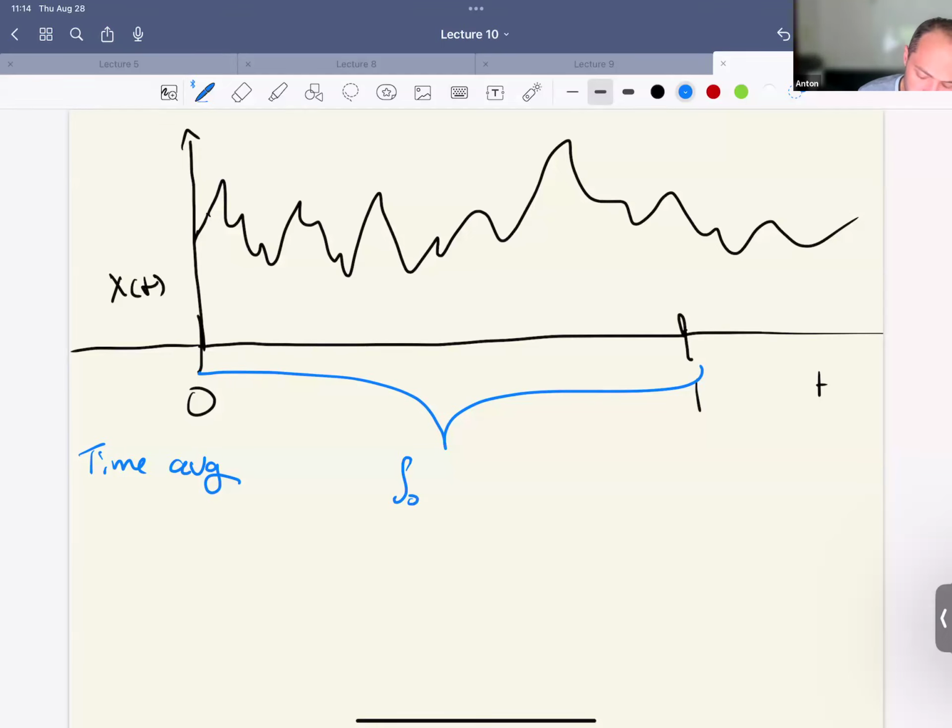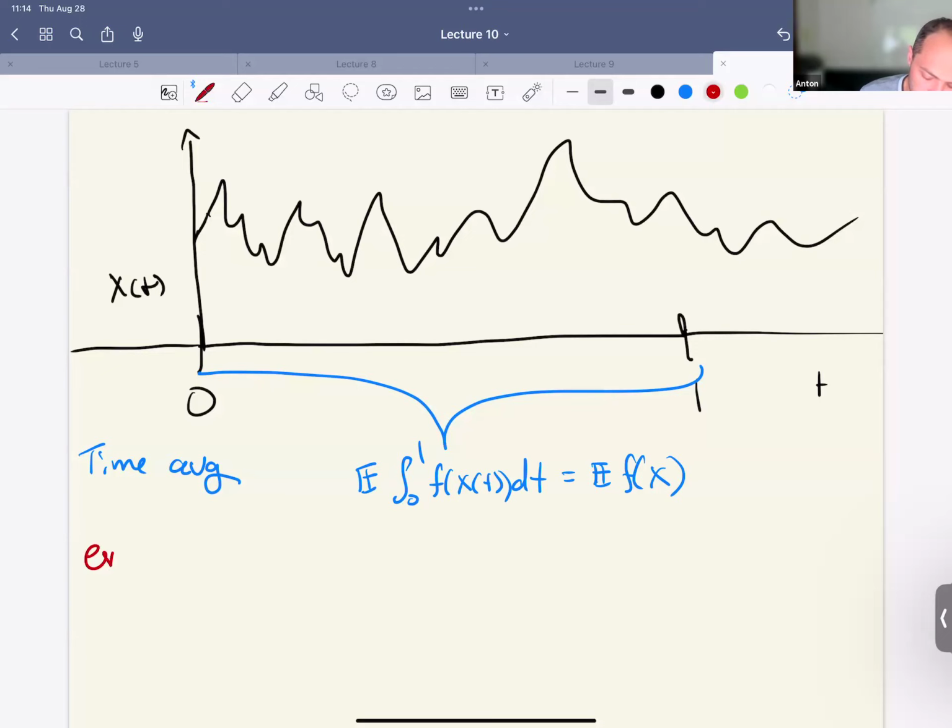So I'm going to have my expected value, integrate from 0 to 1, f of x of t, dt. That's the time average. And by stationarity, this is just the expectation of f of x.